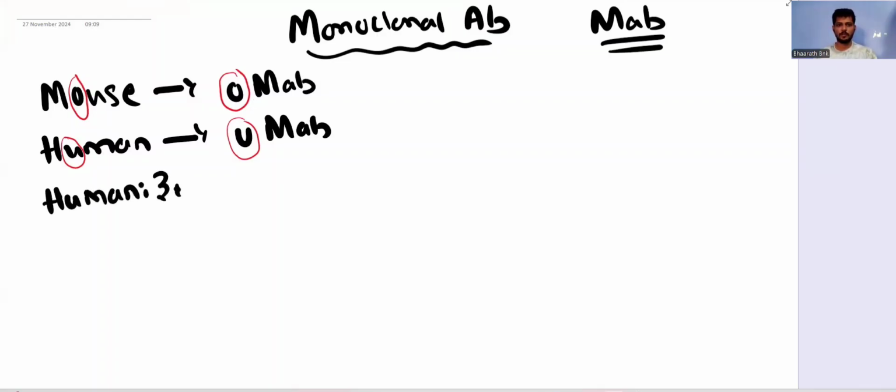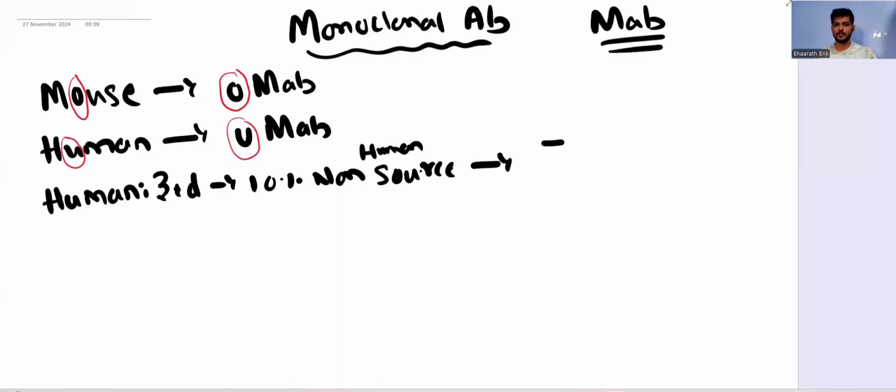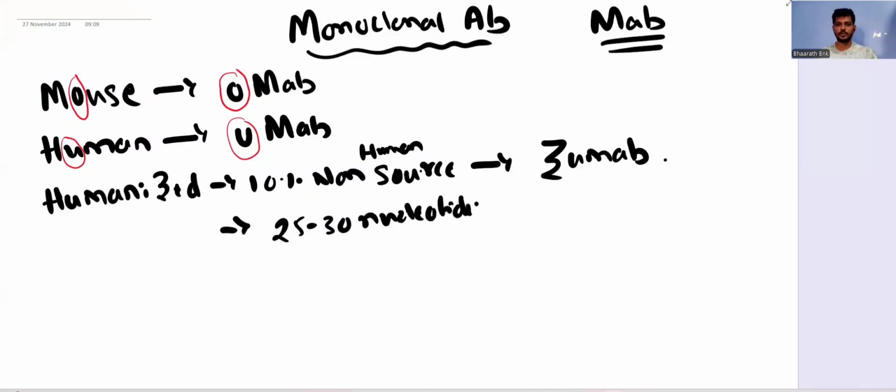So where about 10% will be non-human protein, which can be from a mouse or any rodent or rabbit or a horse. So it is 10% non-human source, and it ends with "zumab". But if you increase this 10% non-human source to around 25 to 30 nucleotides from a non-human source, it is called chimera.